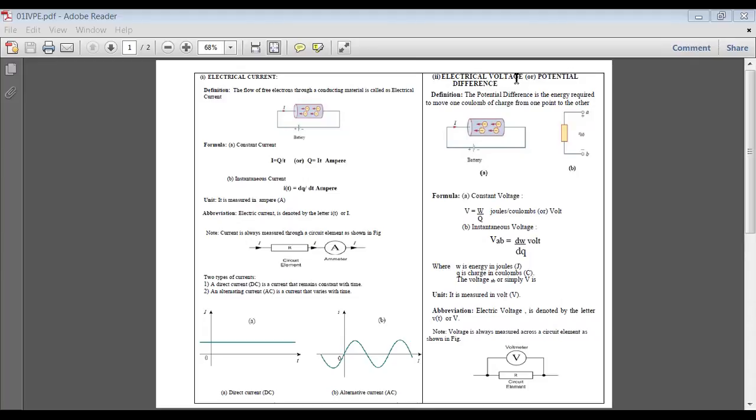So the potential difference is nothing but one should be higher potential, the other should be lower potential, so that electrons will flow from lower potential to higher potential.